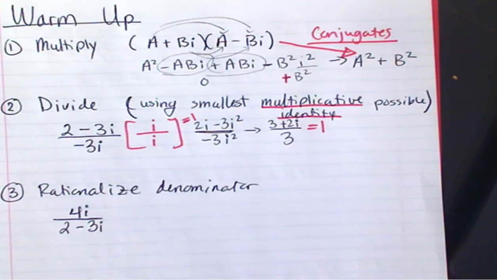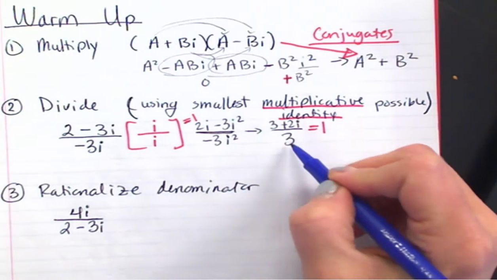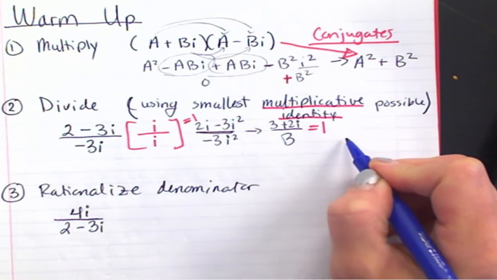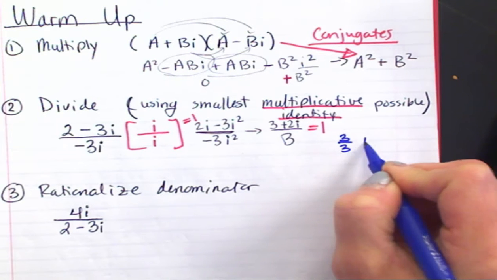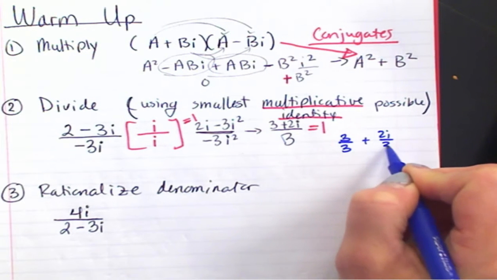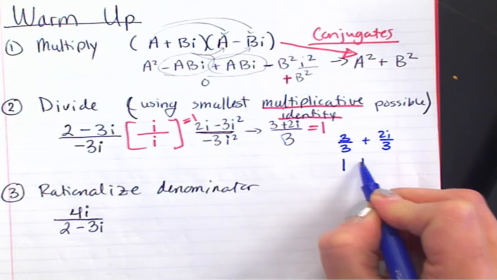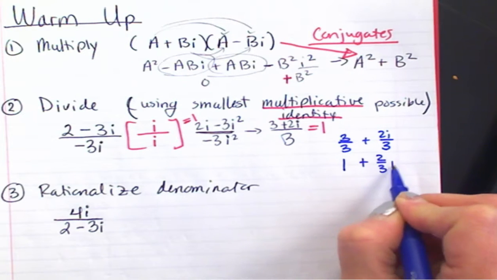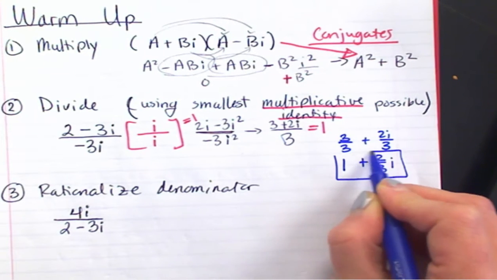Now I'm not quite done because that's not exactly in standard form yet. It's not split apart. So let's write the final answer. I'm going to divide my 3 in both places. 3/3 plus 2i/3, which is actually 1 plus 2/3 i.